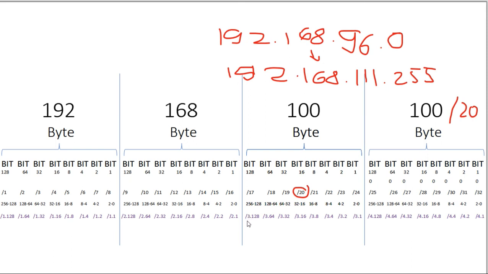So with this simple CIDR notation, I would call them the relevant notations, you can immediately calculate this in your brain, even without a calculator, actually. All right.